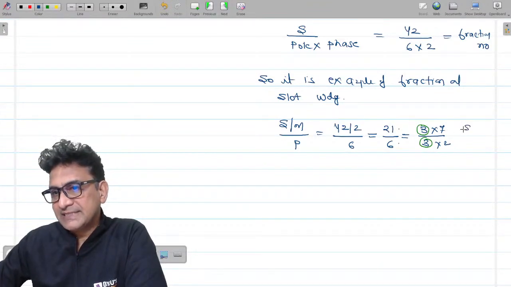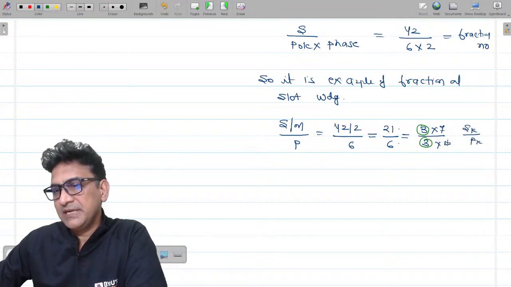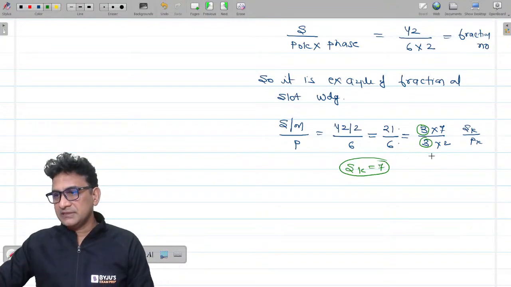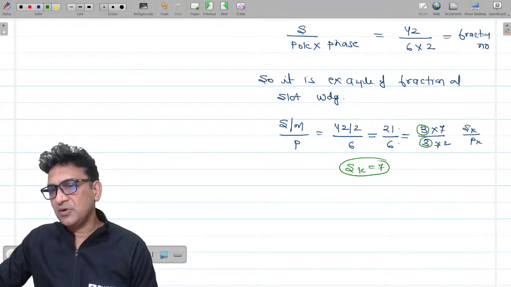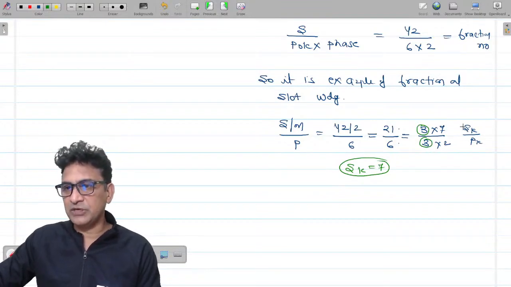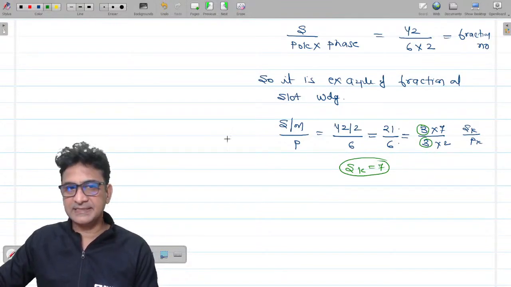So it is Sk upon Pk. Sk is 7, Pk is 2. Just find out the maximum common factor between the numerator and denominator. Whatever is left, that will be the Sk.